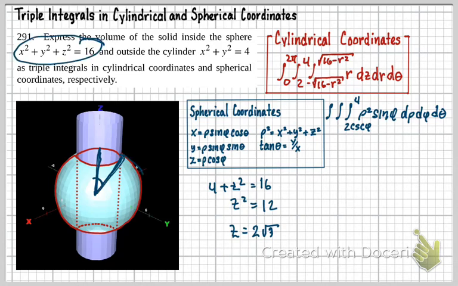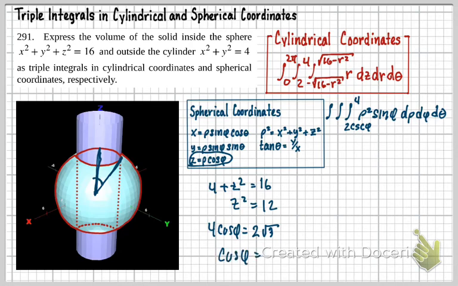Anything out to the boundary there is going to be 4 for rho. So that means my rho is 4. So if I'm going to use this piece right here for my z, this is going to equal 4 cos phi.